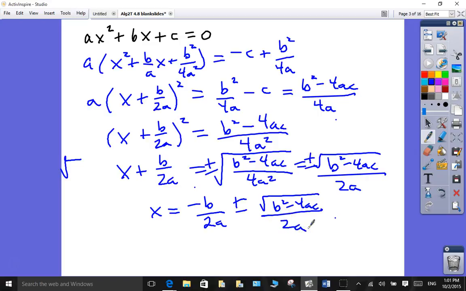And since they're both divided by 2a, we usually just draw one fraction bar. And that is the quadratic formula. I'm going to write it over here. x equals negative b plus or minus the square root of b squared minus 4ac all over 2a. I'm just putting it there so that later I have it where I can see it.